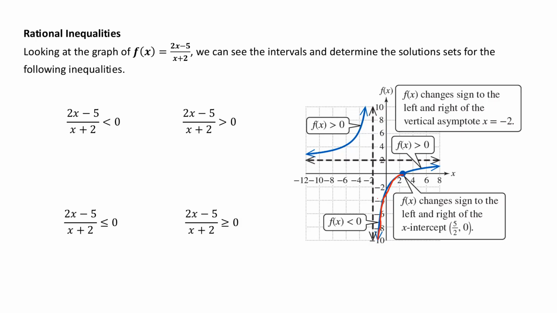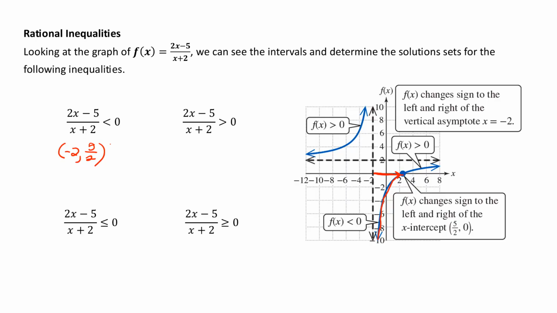So there's an asymptote at x equals -2. So from -2 up to the 0 of the function, which is at 5 halves. We're not including 0. So the solution set for that would be from -2 up to 5 halves, not including 5 halves.